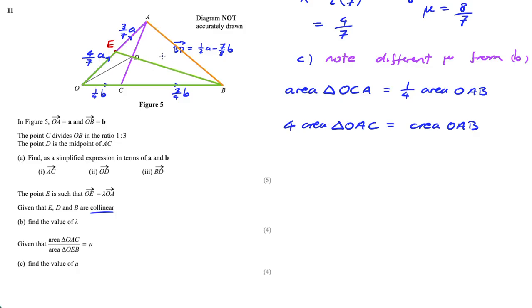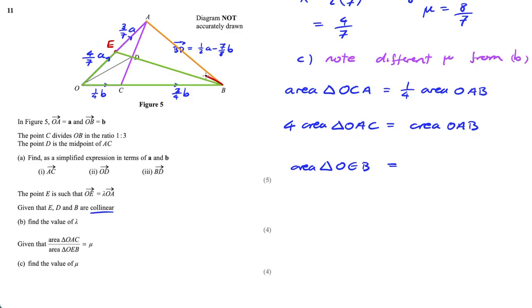So the green one is OEB. The area of OEB is equal to, because now we're sharing a height, again, look at the green triangle with the big triangle, the height is this B here.